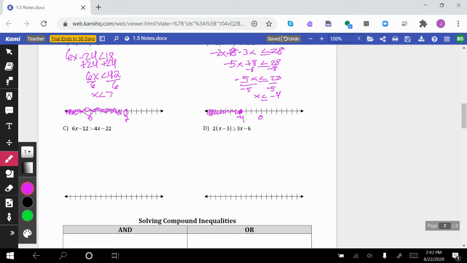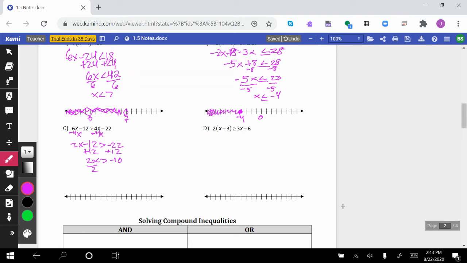All right, so for C, we have 6x minus 12 is greater than 4x minus 22. So I'm going to subtract 4x from both sides, and we end up with 2x minus 12 is greater than -22. Going to add 12 to both sides, and we end up with 2x is greater than -10.